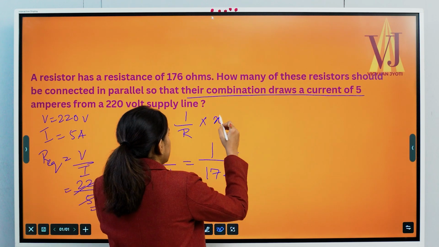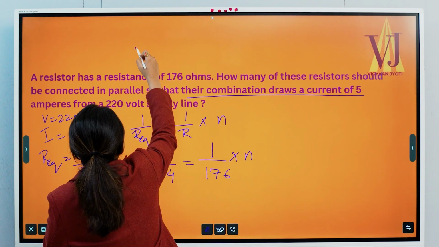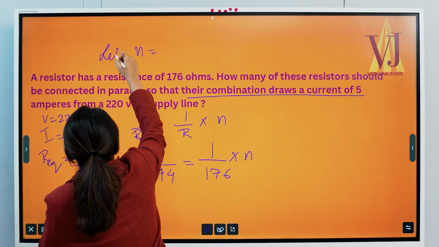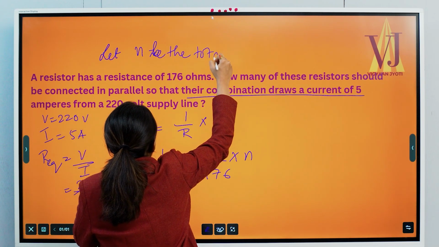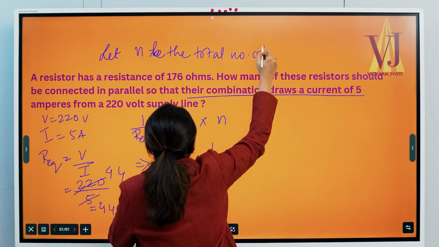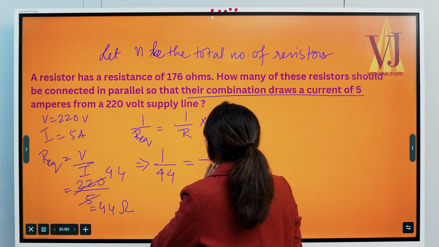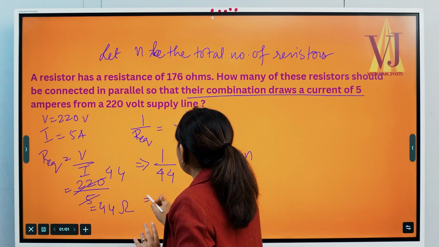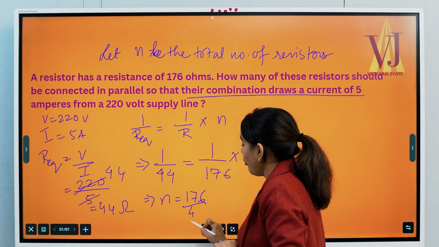Better I will replace this letter with N. Let N be the total number of resistors. Clear? So N is equal to 176 divided by 44.